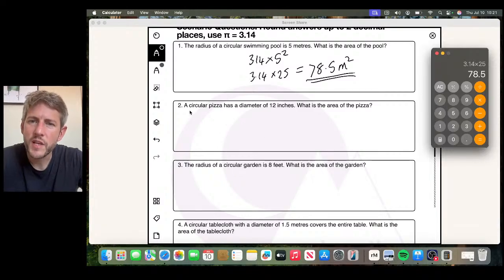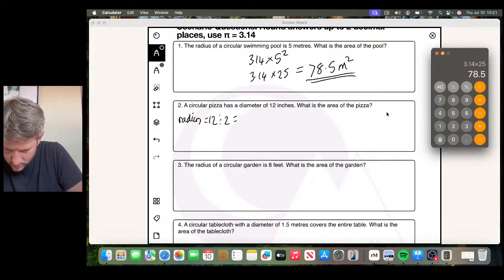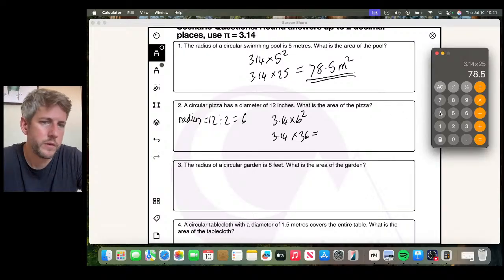Question 2. A circular pizza has a diameter of 12 inches. What is the area of the pizza? So we need to find out the radius.